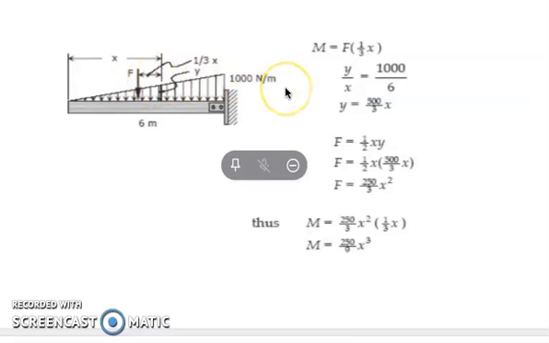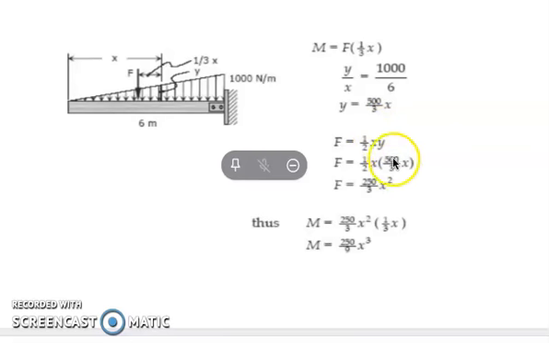Therefore, we're going to have our value for y. We can use ratio and proportion or similar triangles. So y over x is equal to 1,000 over 6. Simplifying, y is 500 over 3 times x. The force F is equal to the area of this cut portion of the triangular loading, that is 1/2 of x times y.